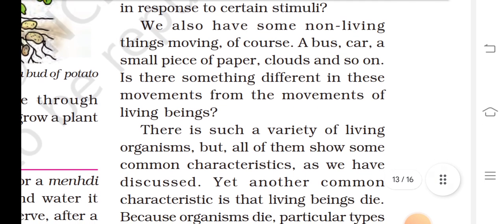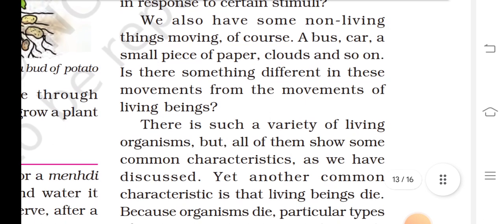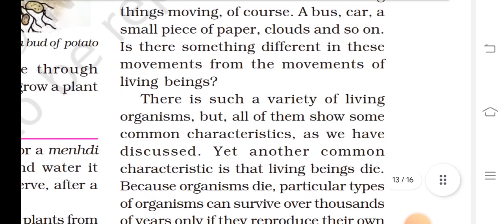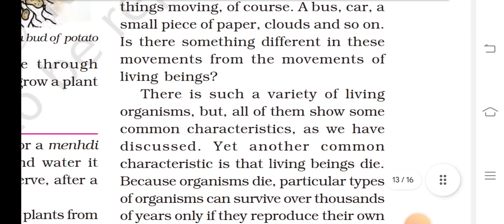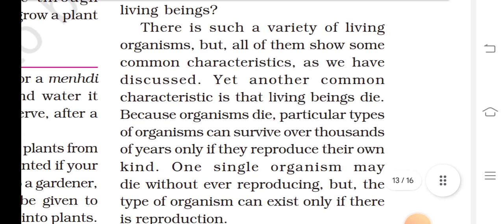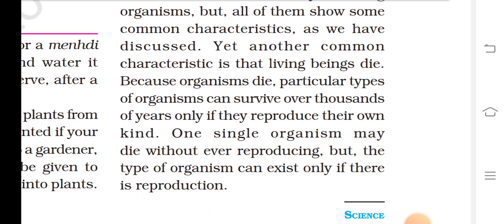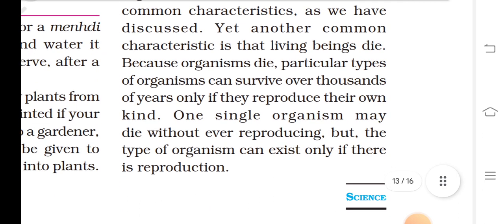We also have some non-living things moving, of course: a bus, a car, small pieces of paper, clouds, and so on. Is there something different in this movement from the movement of living beings? There is such a variety of living organisms, but all of them show some common characteristics. As we have discussed, yet another common characteristic is that living beings die.